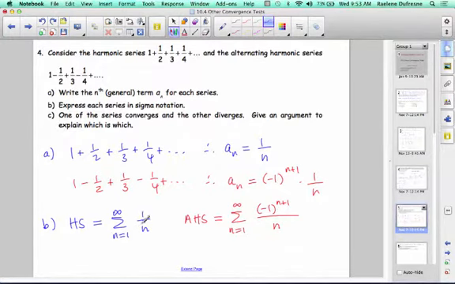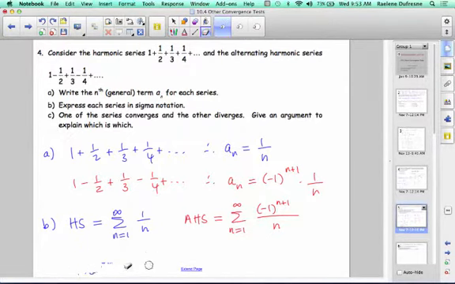But we also saw that the sequence of partial sums for the harmonic series was an increasing sequence without bound. And because there was no bound for the partial sum sequence Sn of the harmonic series, we know that the harmonic series will diverge because the limit as n approaches infinity of Sn was not finite.